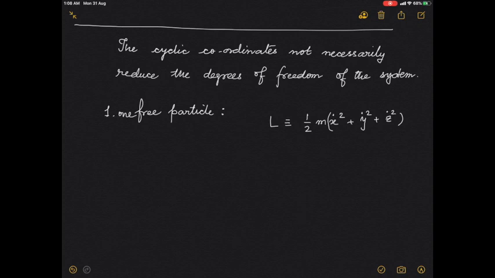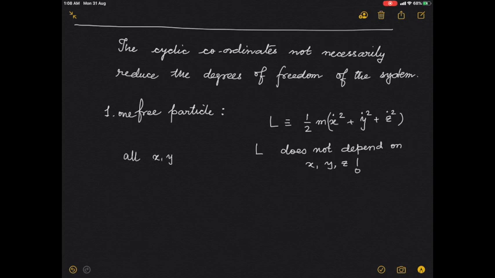This free particle is absolutely free to move in any direction, but you still see that L doesn't depend on x, y, or z.